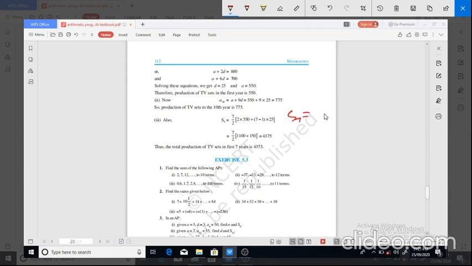Already we know the a value and the d value. Next is S7. So using the Sn formula, n by 2 into 2a plus n minus 1 into d.